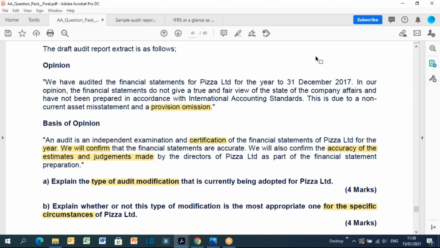For example, if we read this: we have audited the financial statements of Pizza Limited for the year ending. In our opinion, the financial statements do not give a true and fair view of the state of the company affairs and have not been prepared in accordance with the international accounting standards. This is due to a non-current asset misstatement and a provision omission.